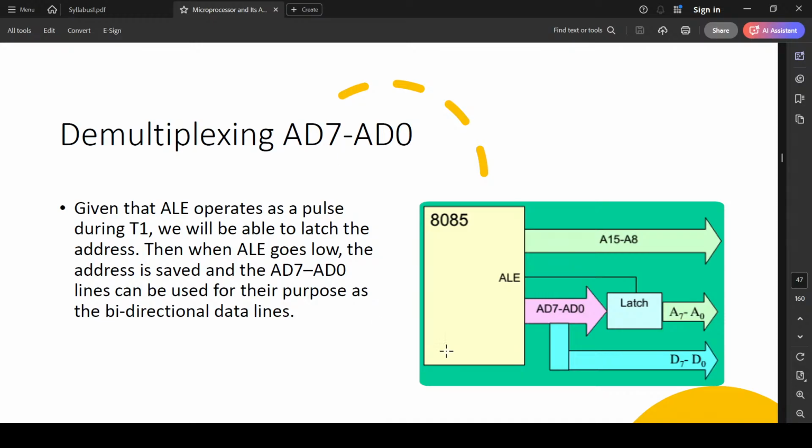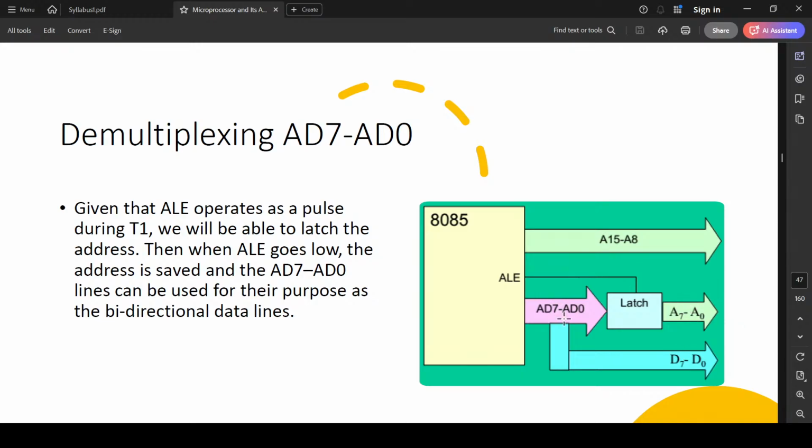See, AD7 to AD0 is fitted into the latch. When we signal the ALE, it will turn on the latch. AD7 to AD0. Only the A7 to A0 will be saved. See what happens: the data comes here, we turn on this part, and by filtering or demultiplexing, only the address bits are saved.